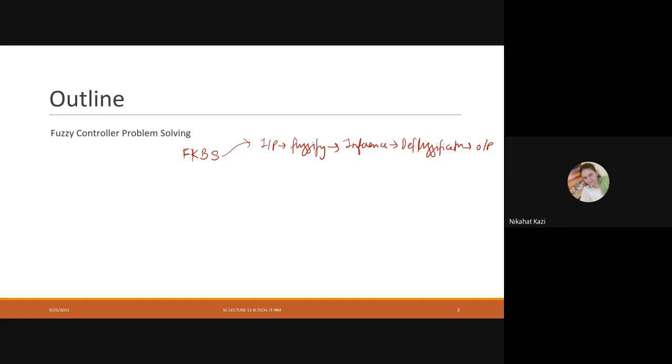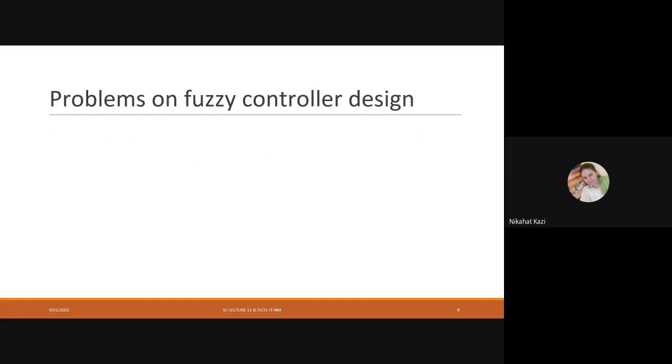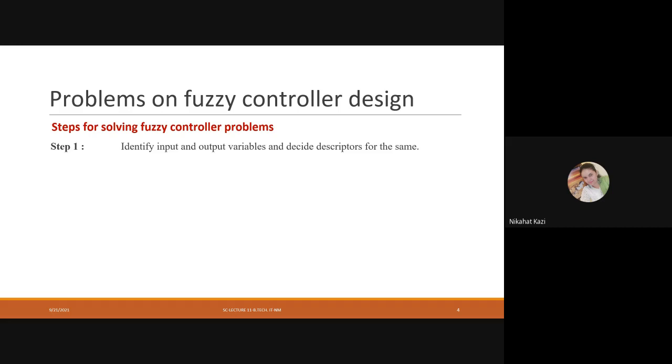If we want to understand the details of how this works, we need to look at example scenarios where this can be applied. So first, let us look at the steps for solving fuzzy controller problems. These are the steps, one by one we'll go through them.